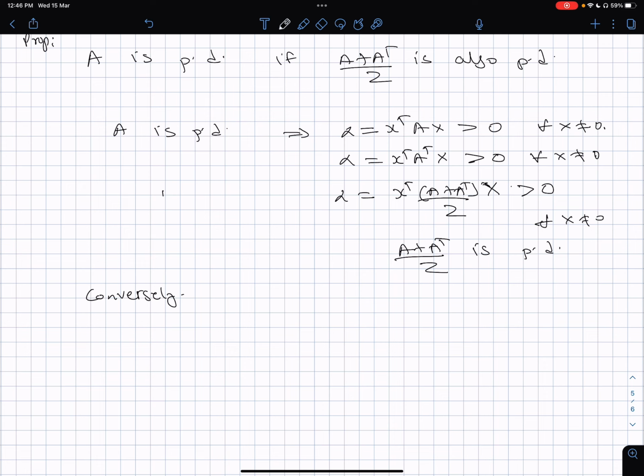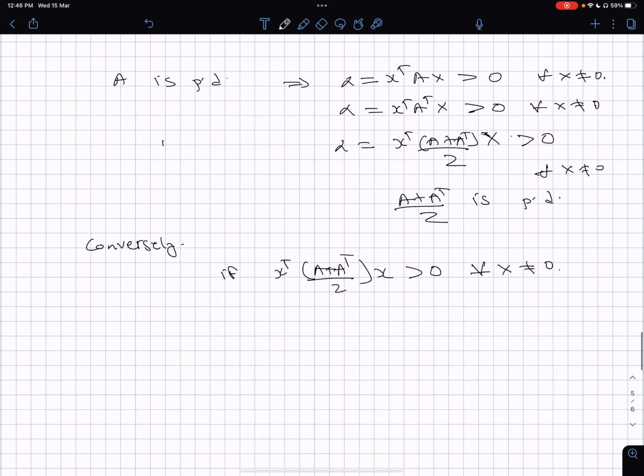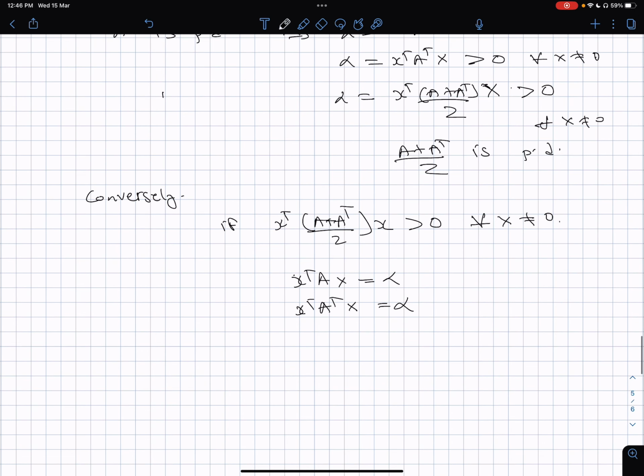Conversely, if x transpose (A plus A transpose) by 2 times x is greater than 0 for all x not equal to 0, then again call x transpose Ax as alpha because it is a scalar. So this is also equal to alpha.